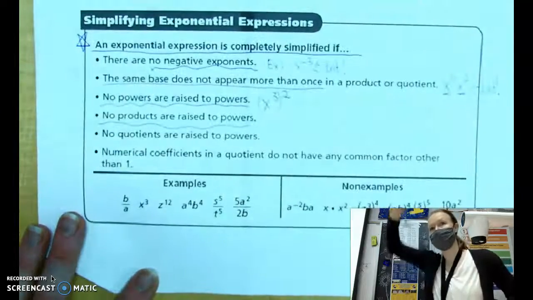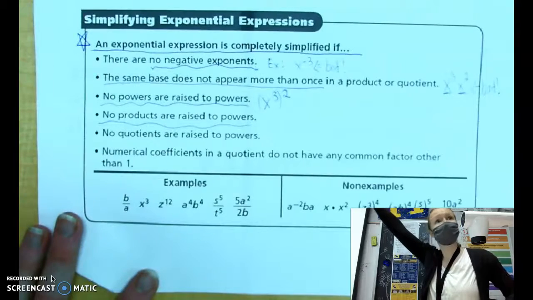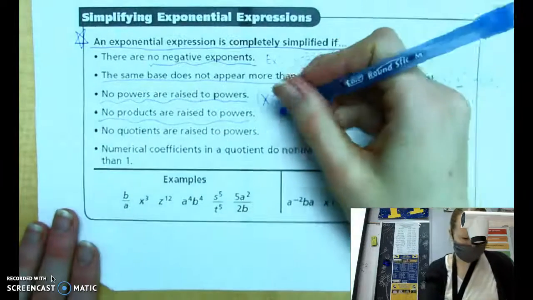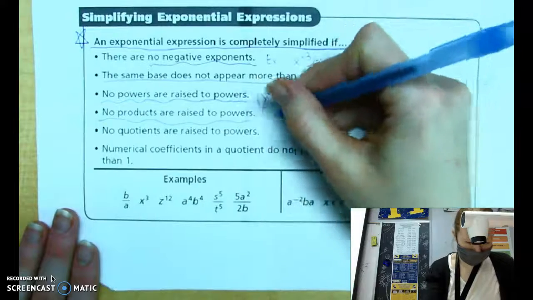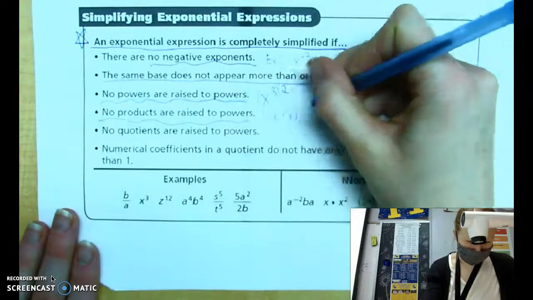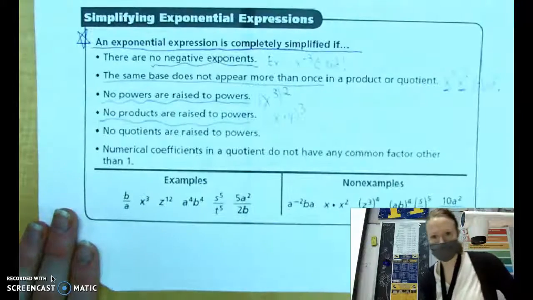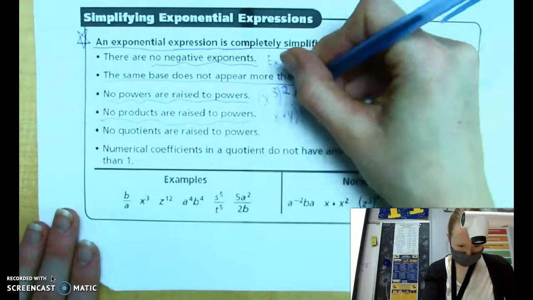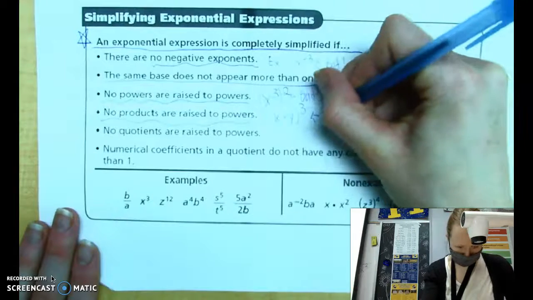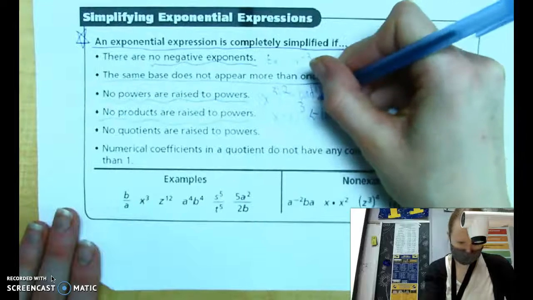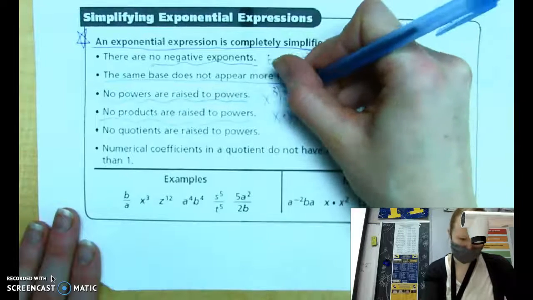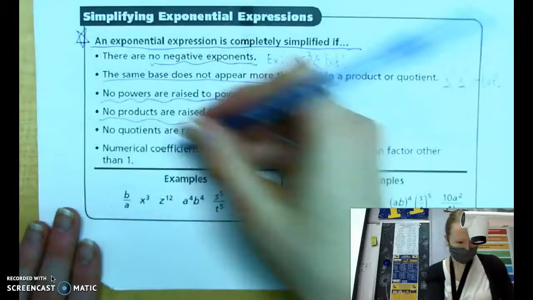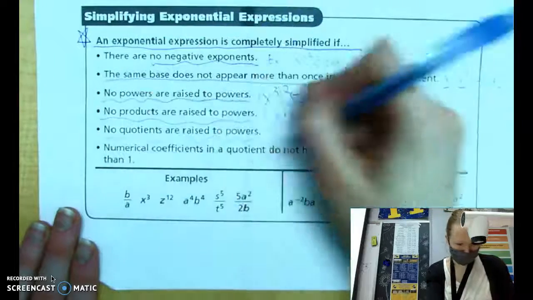You can't have an exponent to another exponent. And it says no products are raised to powers. So if you have something like x times y to the third power, that's also bad. We're going to learn how to, over the next 2 days, simplify all of these bad examples that I'm giving you. And then it says no quotients are raised to powers.